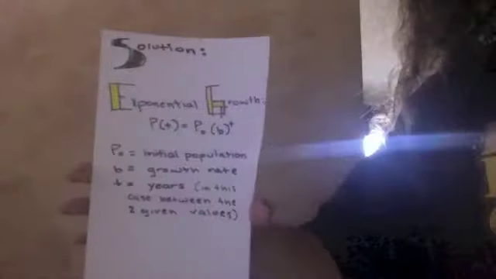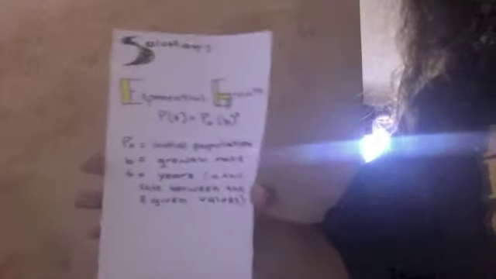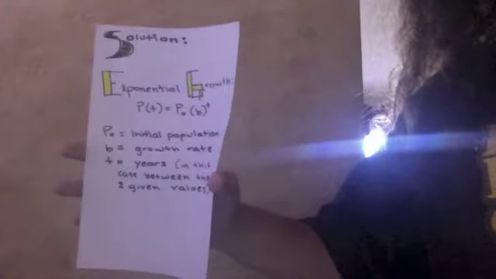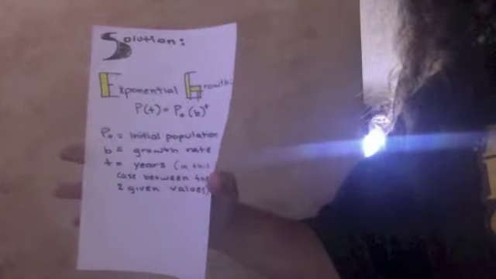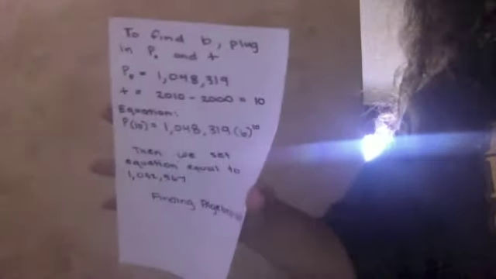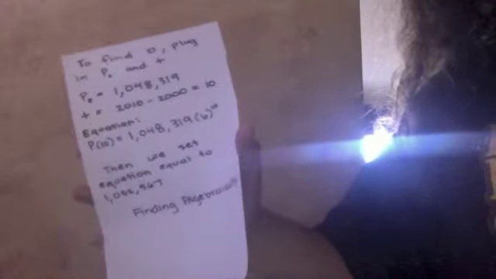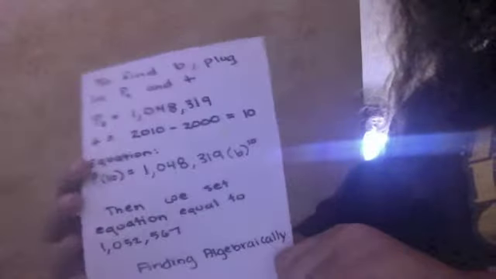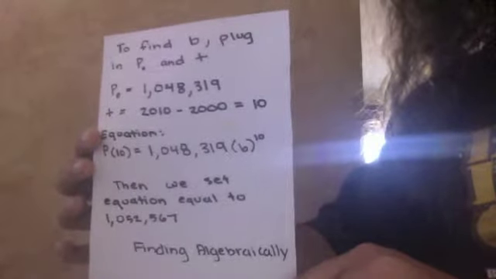That was graphically. Now we come back to the original equation. To find B, we plug in P initial and T. P initial will be the starting population value in the data table, and T equals 2010 minus 2000, which equals 10.